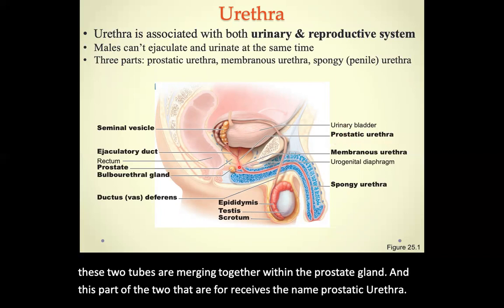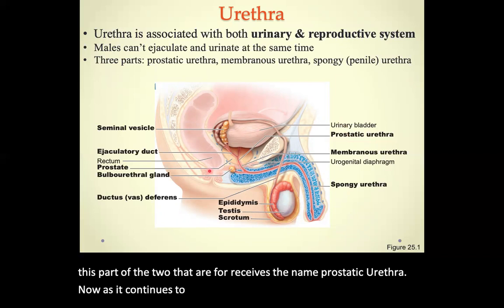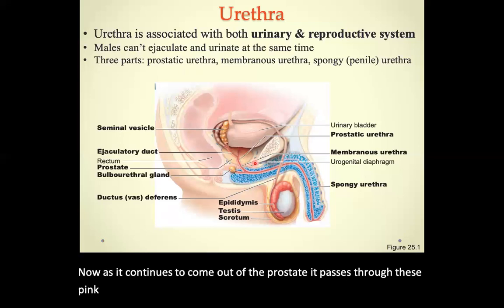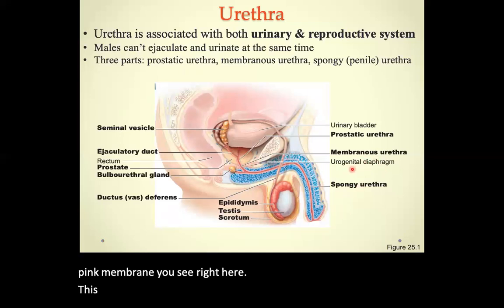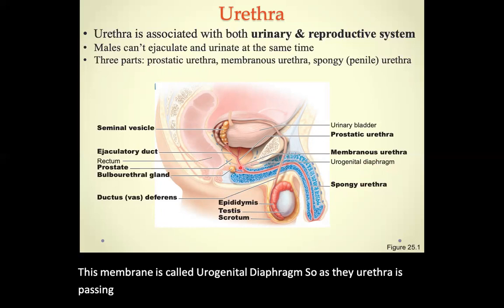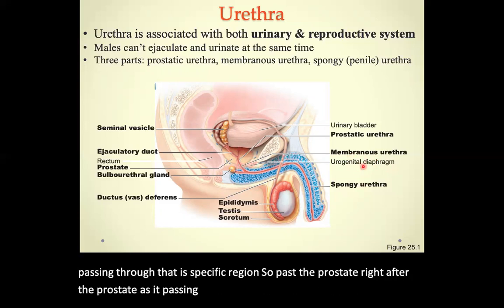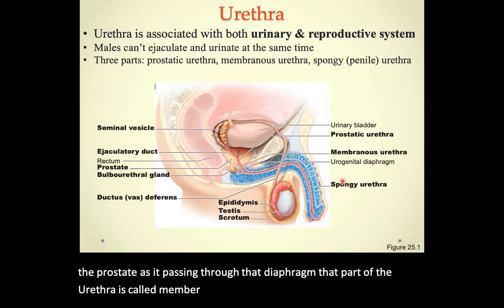Now, as it continues to come out of the prostate, it passes through this pink membrane you see right here. This membrane is called urogenital diaphragm. So as the urethra is passing through that specific region, right after the prostate, as it's passing through that diaphragm, that part of the urethra is called membranous urethra.